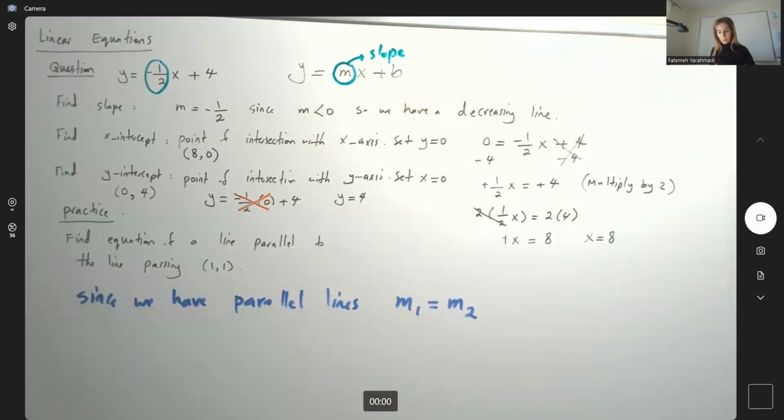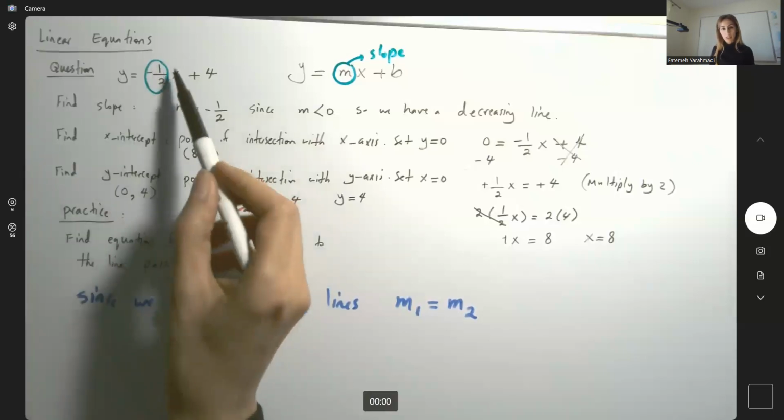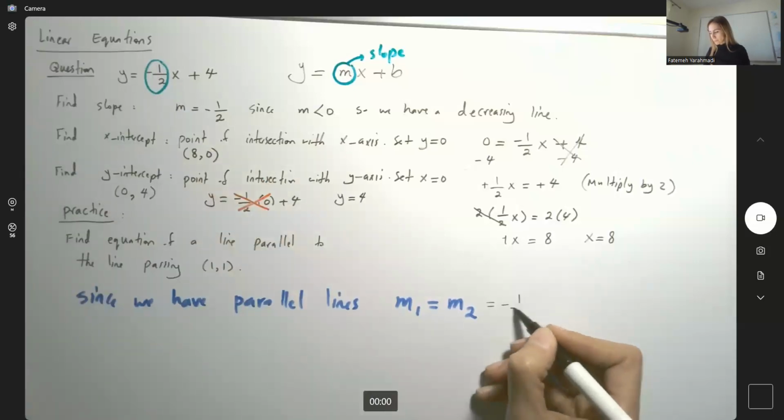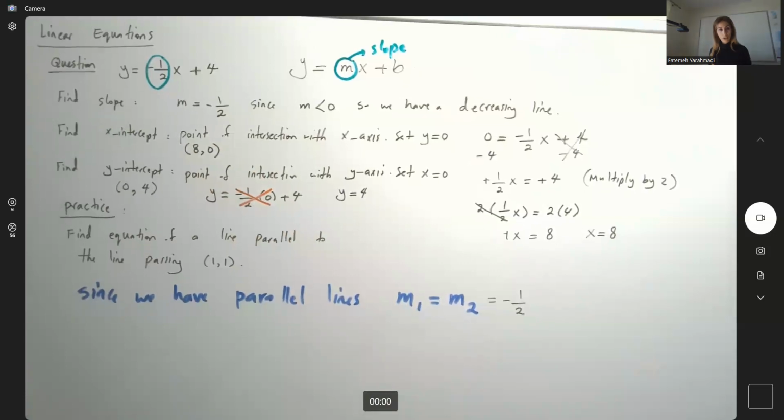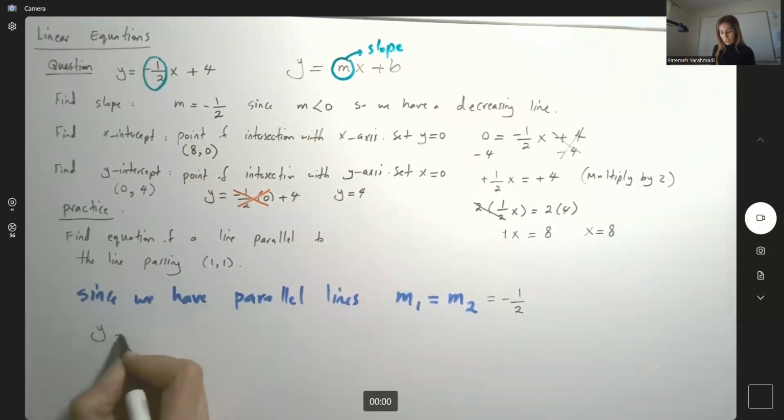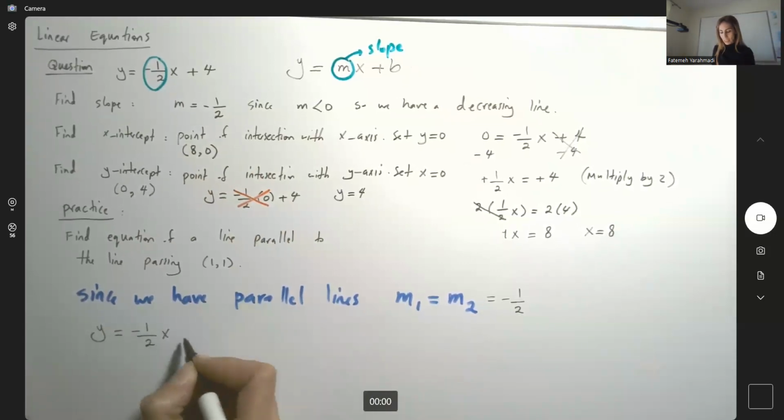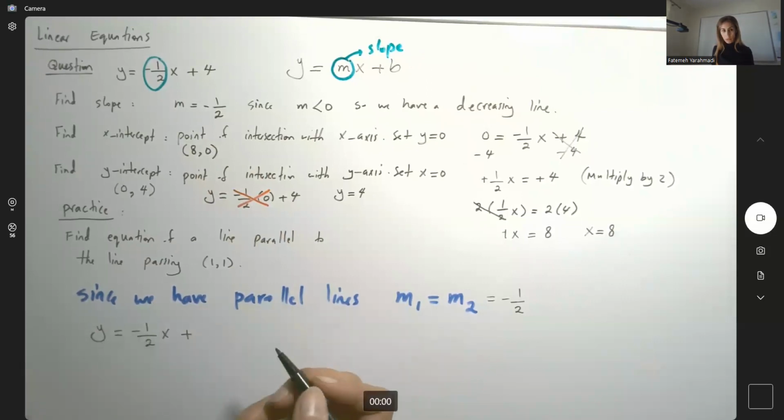Slopes are the same, but what is the slope of the line? -1/2. So the equation of the line is written as y equals -1/2 times x plus, well, what is the y-intercept? I have no idea. I need to find the value for my y-intercept, b.